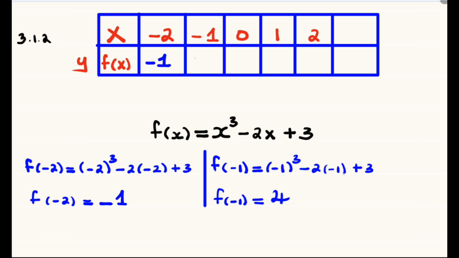And when x is equal to -1, y is 4. And when x is equal to 0, we have our y-intercept, which will be equal to 3.